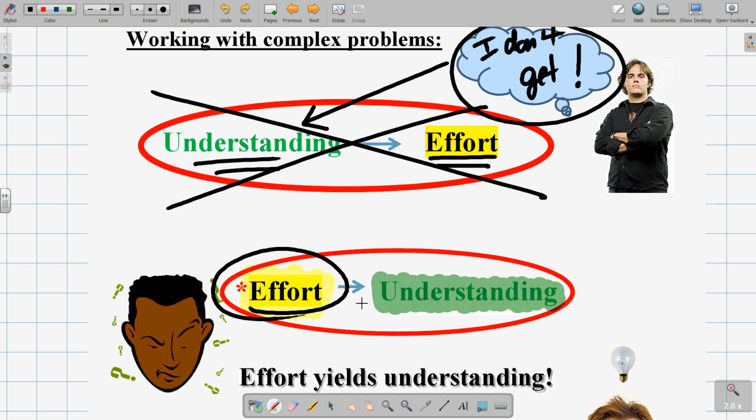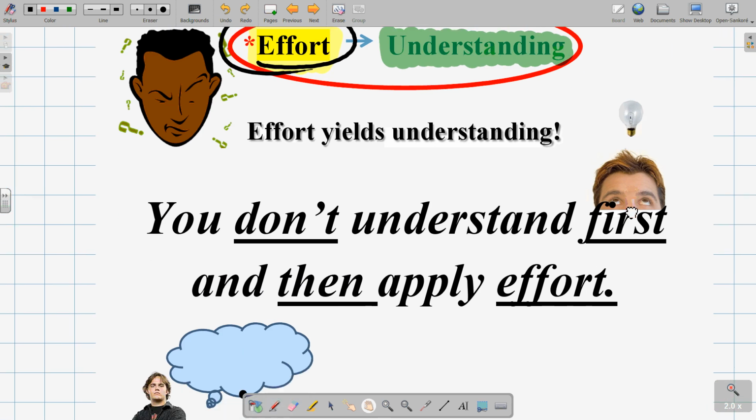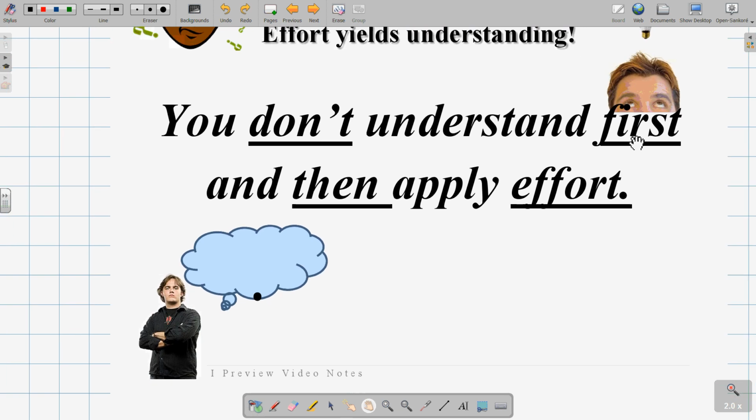Your brain unconsciously started hunting for that information so that even hours later, bam, here comes the movie star's name, the title of the book, the name of the song. So effort yields understanding. You don't understand first and then apply effort. You apply effort and then you get understanding.